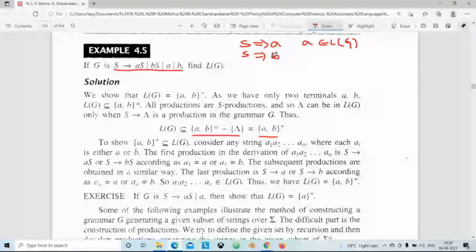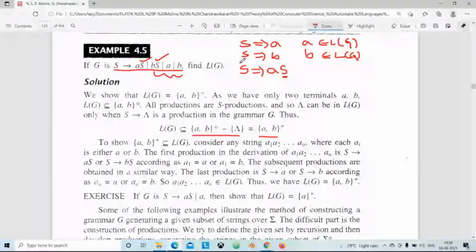And the two alternates are left, so let's apply them one by one. S implies aS. What options do we have for this S? We have three alternate options, and these three we can apply. Either you can replace S by a, or by b, or by bS.